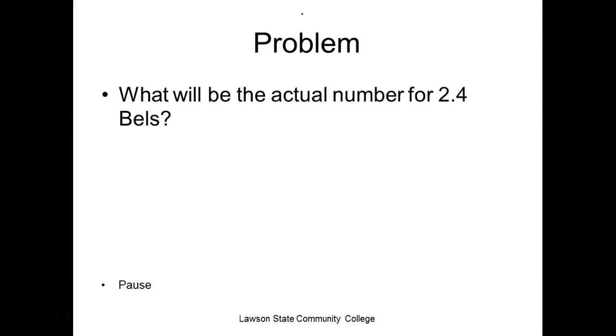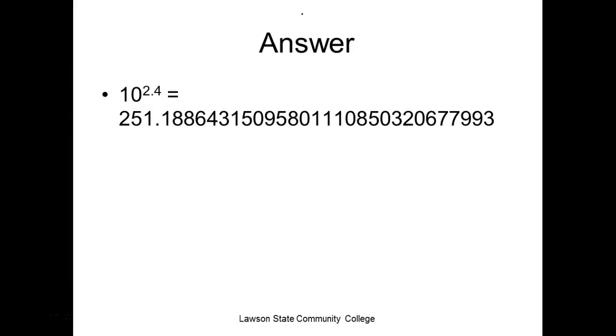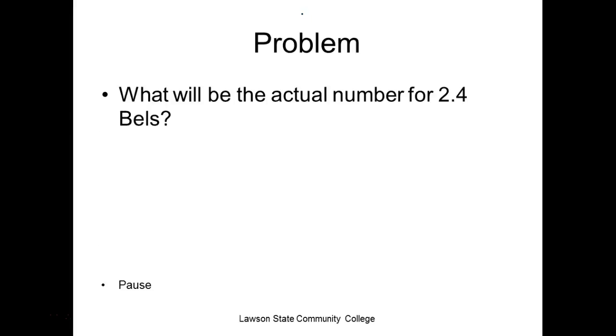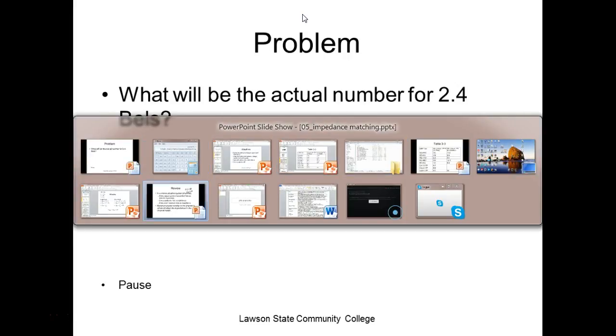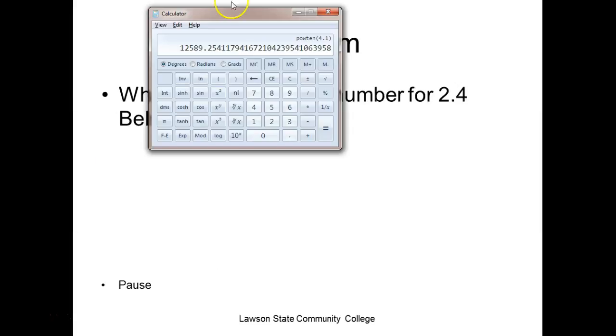So what would be the actual number for 2.4 bels? You just hit 10 raised to that power. Notice my calculator down here has a 10 raised to that power key.